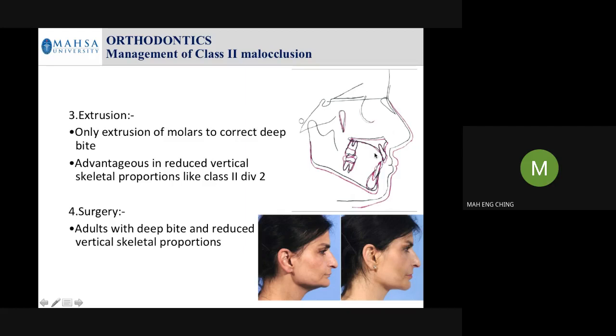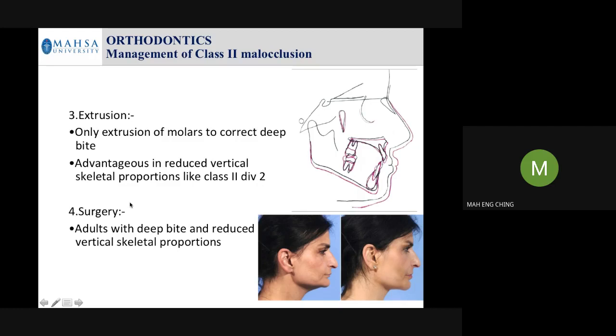When the mandible rotates backward, it will cause an increase of vertical height. So if the patient has a short clinical facial height, then it's a good thing if you can extrude the molar and increase the vertical height, which will make the facial proportion better.